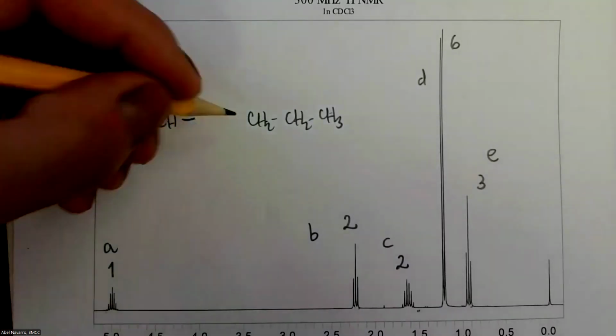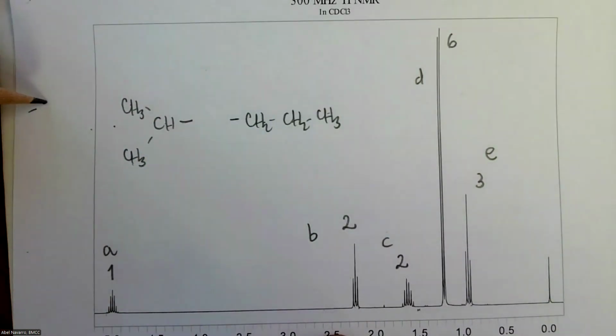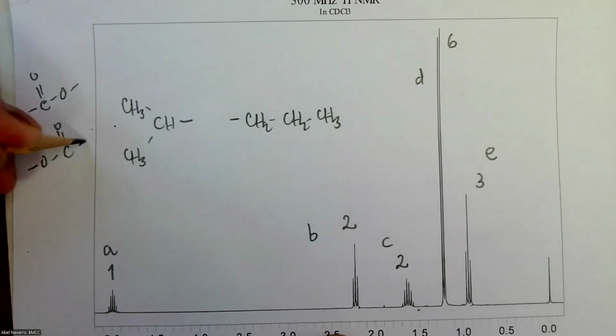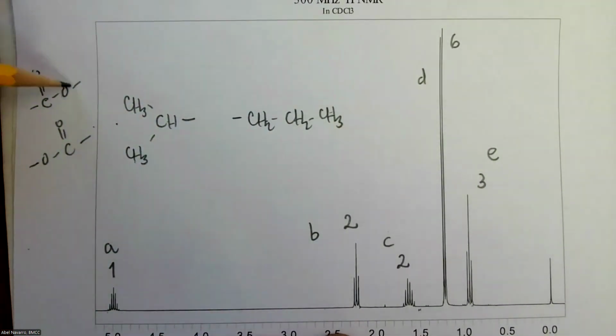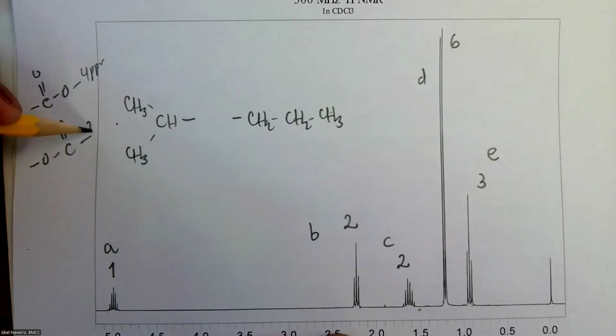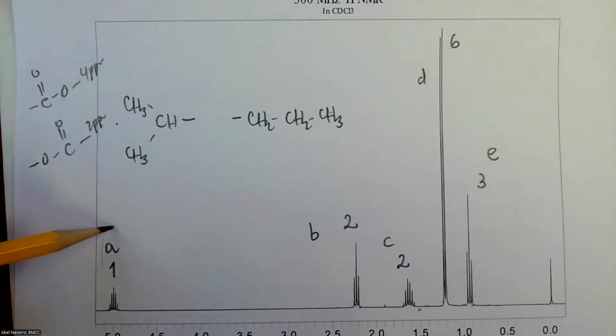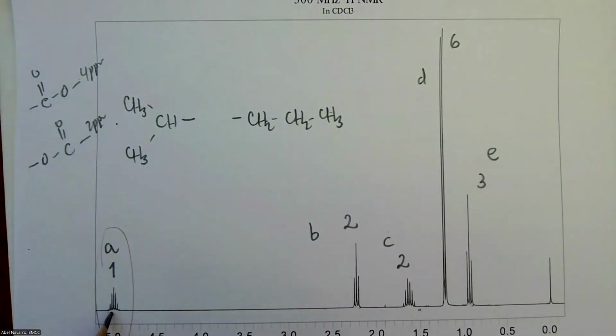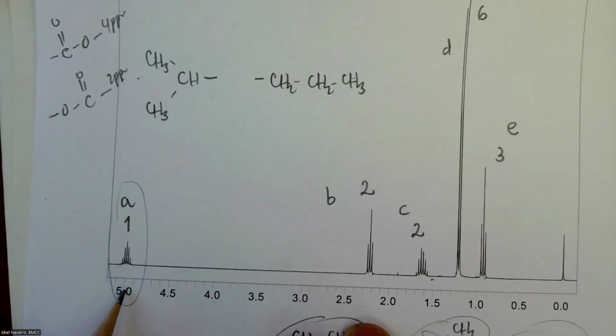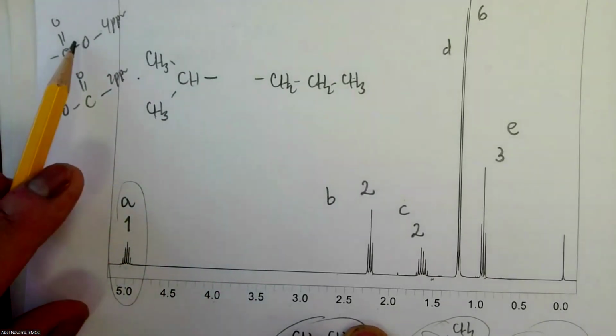That's the ester. But again, you can have the ester like this, or you can have the ester like this. If it's next to the oxygen, that would be about 4 ppm. If it's next to the carbon, about 2 ppm. Who is high? The isopropyl is about 4.9, 5 ppm. That should be the one next to the oxygen.